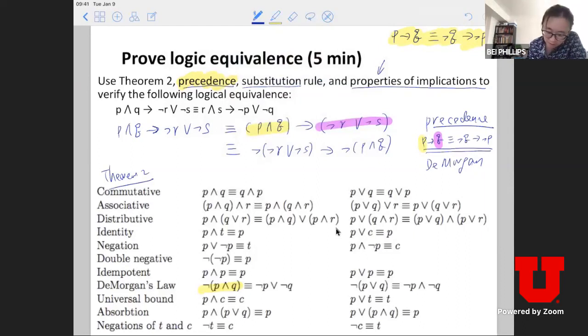So I have to apply De Morgan to the first term, which is the hypothesis term. When I bring the negation in, double negation of R becomes R, but then the arrow has to switch from or to and, and negation of S becomes S. So that is the first term, right?